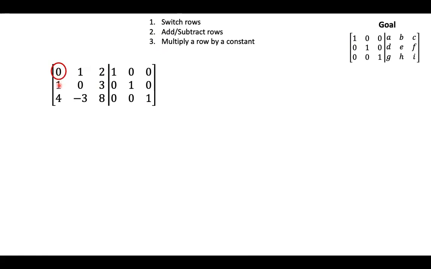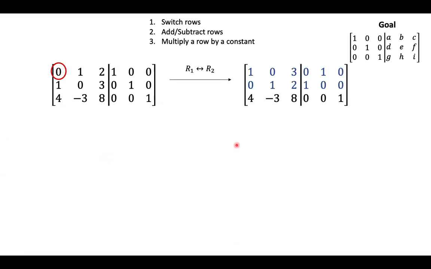So I notice that there is a 1 in the second row. And since there's a 0 in the first row and a 1 in the second row, how about if we just switch those top 2 rows to begin? So when we switch the top 2 rows, we will get this matrix where the second row has now become the first row and the first row has now become the second row.